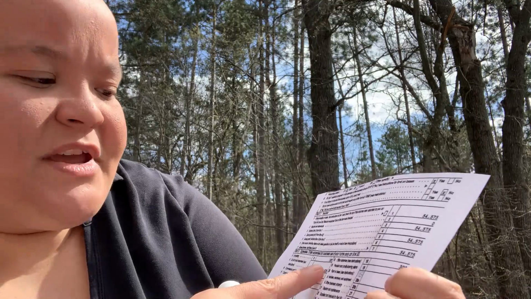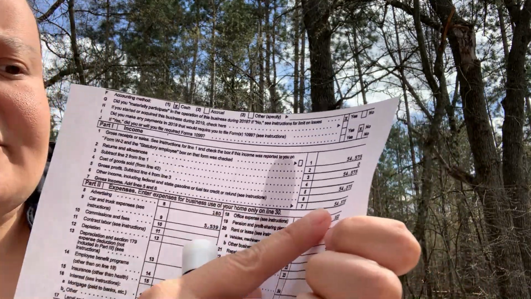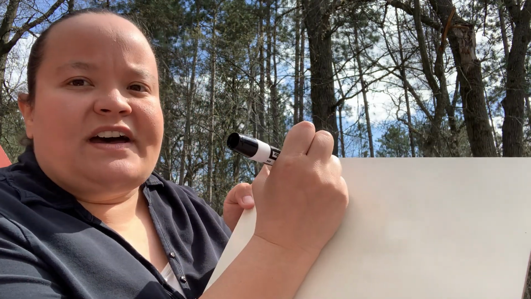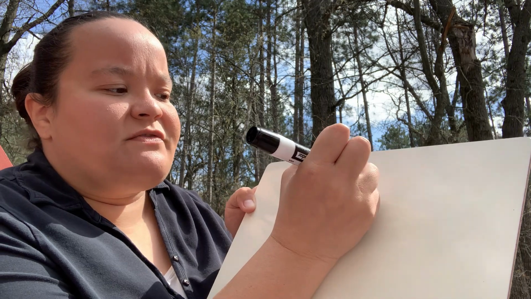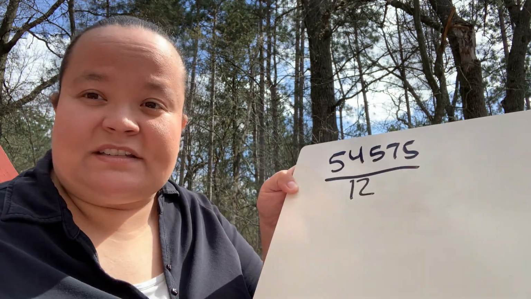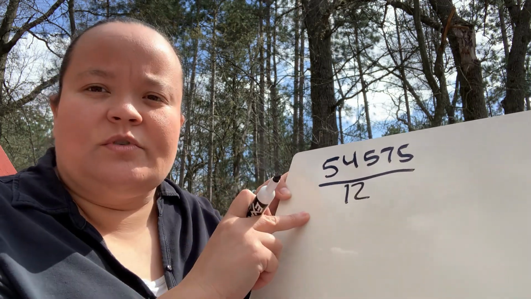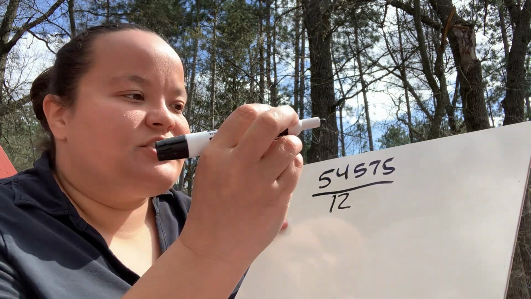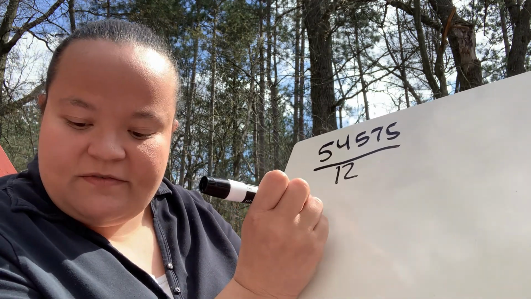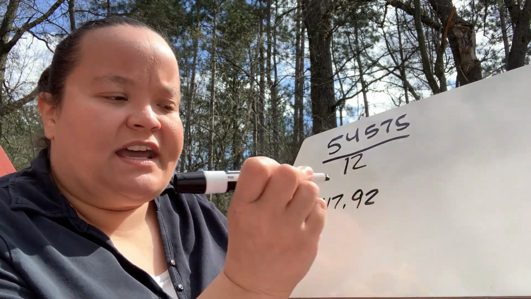So, on this individual Schedule C, the gross income was $54,575. We are going to take the whiteboard. How did they calculate your loan? $54,575. You divide it by 12 months because it's for a year on your Schedule C, which gives us $4,547.92.